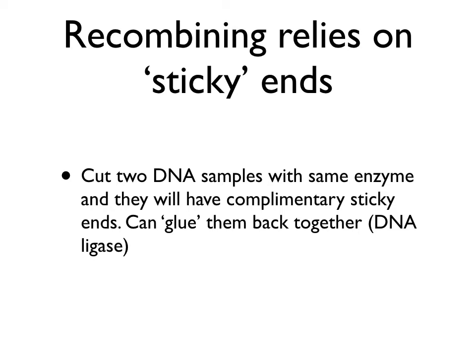So if I cut your DNA and I cut your cat's DNA with the same enzyme and put them together in the tube, then we can get some of the cat and human DNA to stick together. Now, that's not necessarily useful, but you'll see in a minute how this can actually be quite powerful.